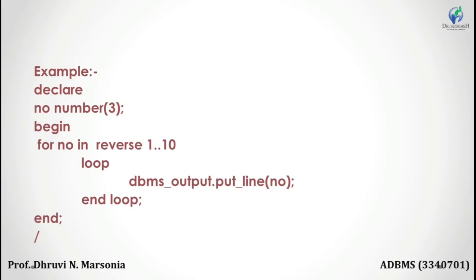So, the output of this example is in reverse order, 10 to 1. Clear? We will discuss more about the implementation of for loop in PL/SQL. So you clearly got the idea about the for loop. The iterative controls, for loop, while loop and loop, we will discuss.